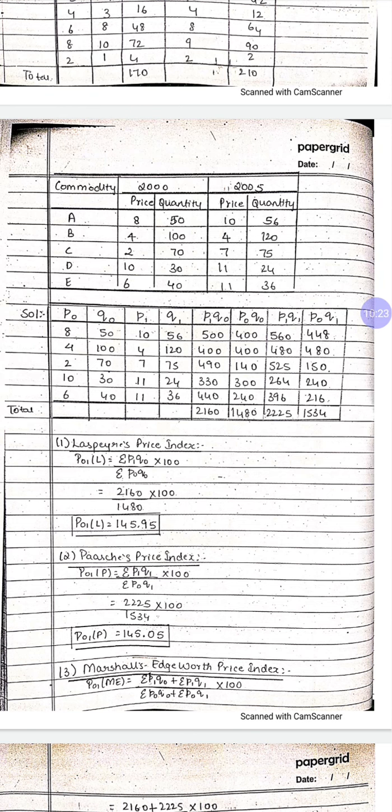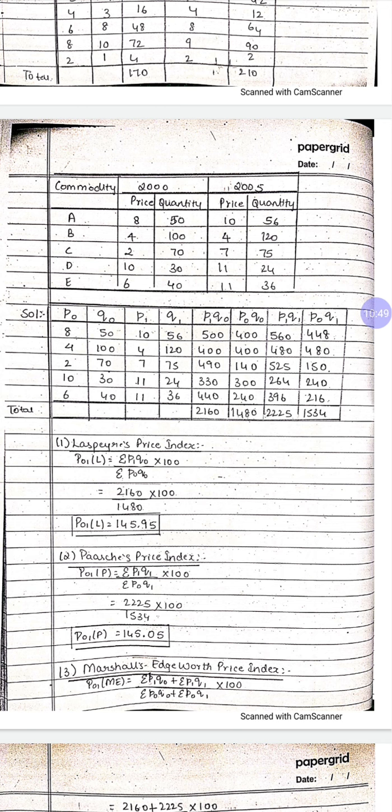To find this, we need to multiply each one, okay. First we will take base quantity, that is Q0 P1. You can interchange the columns however you want, okay. So I will take P0 Q0, then P1 Q0, then P1 Q1, P0 Q1, okay, as it is there.